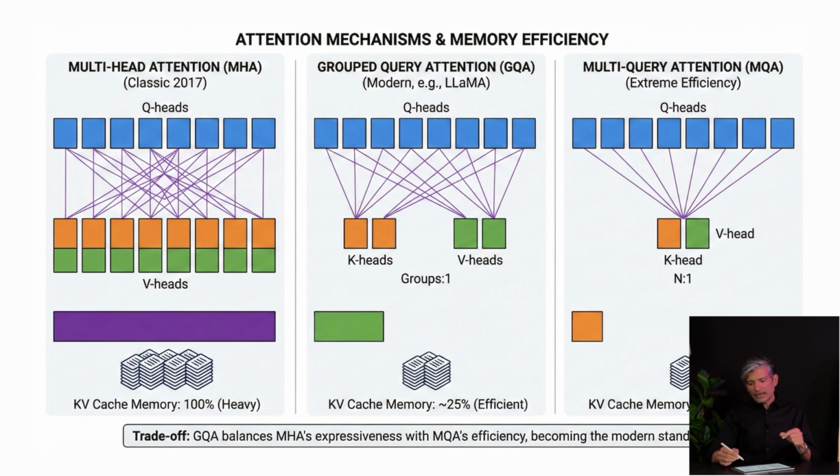And when you do that, you have 12.5%, because it's 1/8. And then the sweet Goldilocks spot is GQA, grouped query attention. In grouped query attention, we have essentially 2 key and value heads for every 8 query heads.